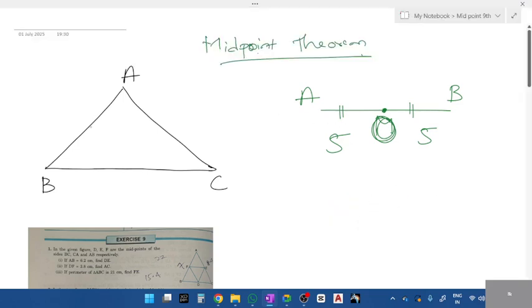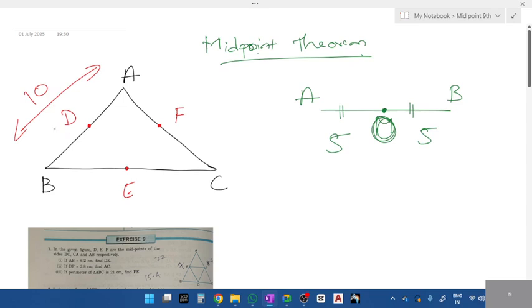What I'll do is, I'll keep a point on AB. I'll name it as D. And for BC, I'll keep a midpoint. I'll name it as E. And for AC, I'll keep a midpoint. I'll name it as F. All the values are same, students. If AB is 10 centimeters, what is the value of BD? If entire value of AB is 10 centimeter, what is BD?